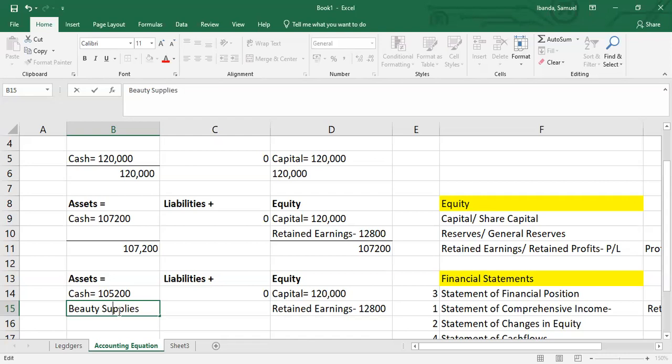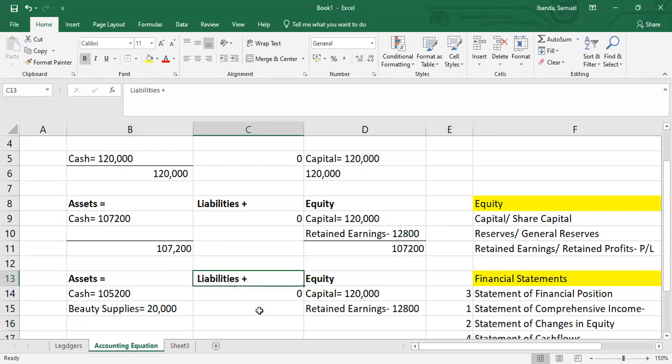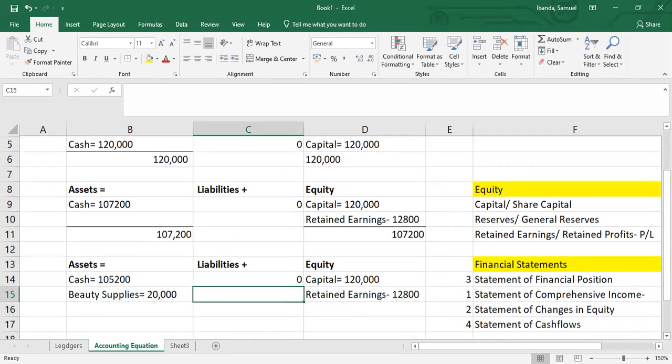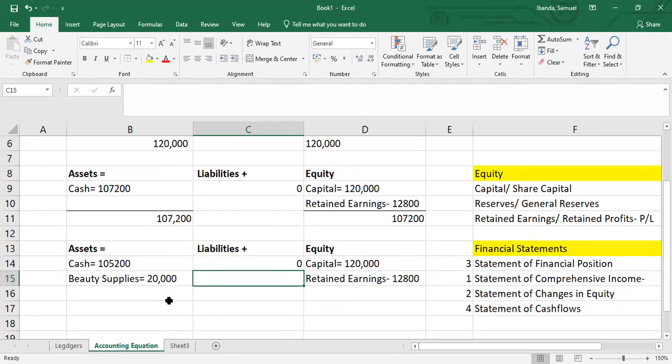So we have beauty supplies to the tune of 20,000 coming in. Now yours is to balance off and see. The cash is supposed to be 87,200.